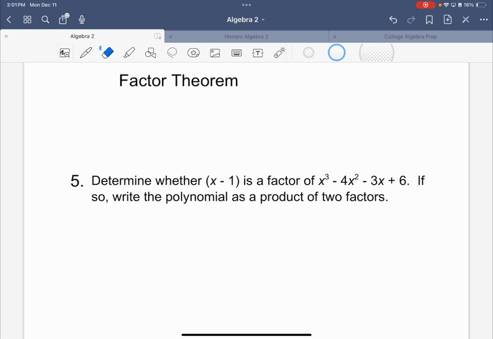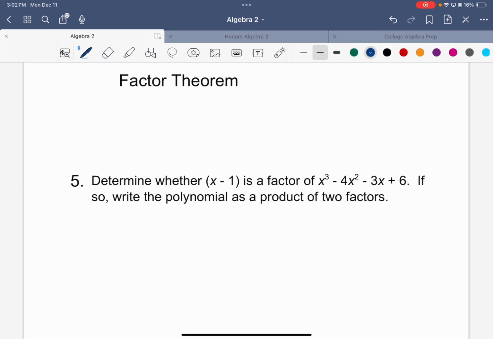Okay? So we can essentially say that something is a factor of a polynomial if, when you do the synthetic division, you get a remainder of 0. Then we can write it as a product of two polynomials. So in this question it says determine whether this is a factor or not.